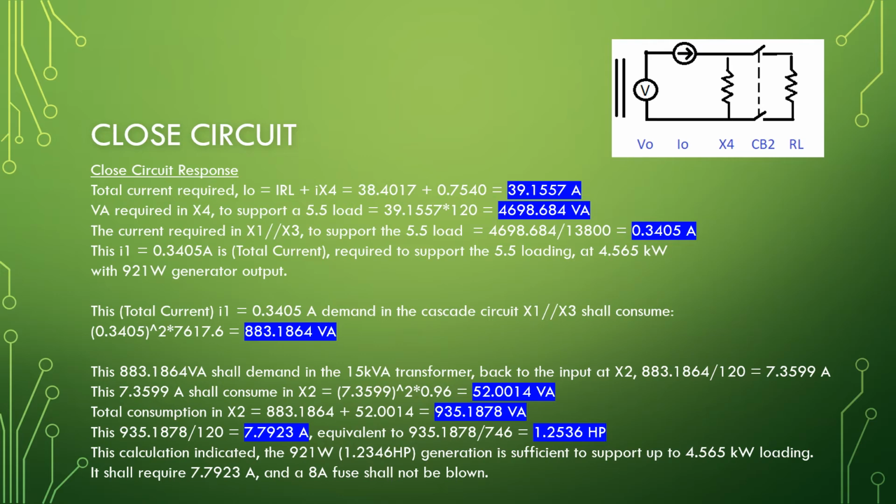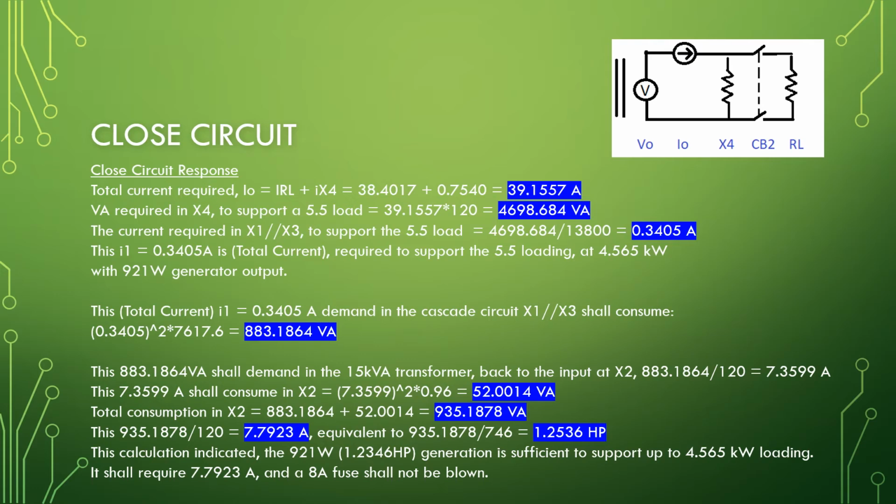Total consumption in X2 equal to 883.1864 plus 52.0014 equal to 935.1878 VA. This 935.1878 VA divided by 120 volt equal to 7.7923 ampere, equivalent to 935.1878 divided by 746 equal to 1.2536 horsepower.